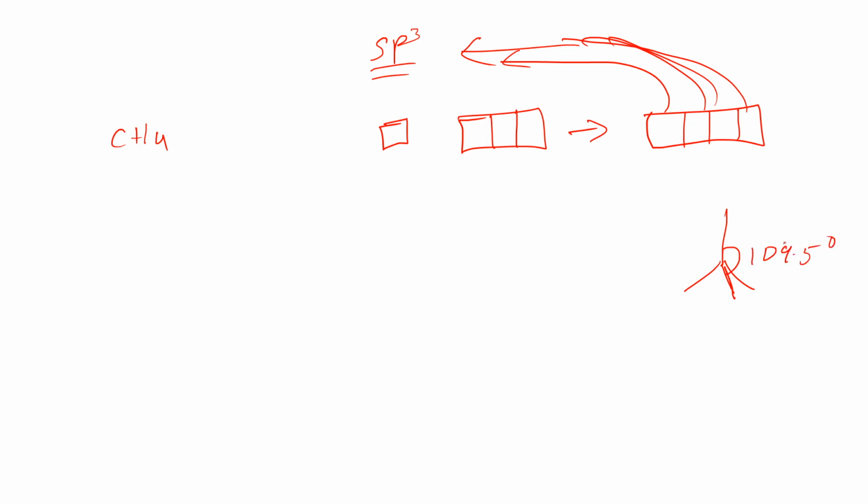Between each and every bond, the bond angle is 109.5 degrees. So the structure generally looks in this way: hydrogen, hydrogen, hydrogen, and also hydrogen.